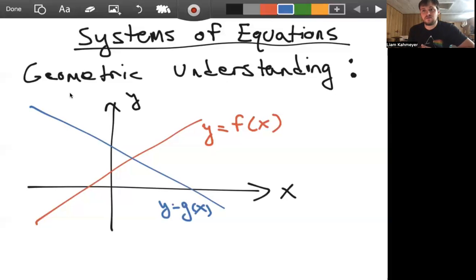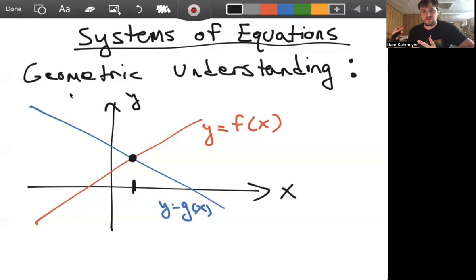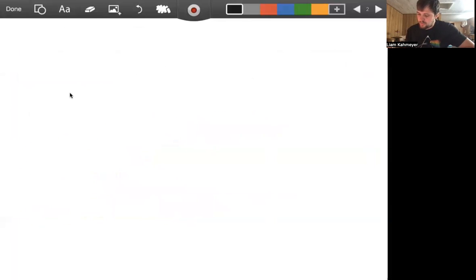And the geometric understanding of a solution to a system of equations is where this family of equations, where the point satisfies that all of the functions are the same. So for example, let's say we have a system of equations with two unknowns.